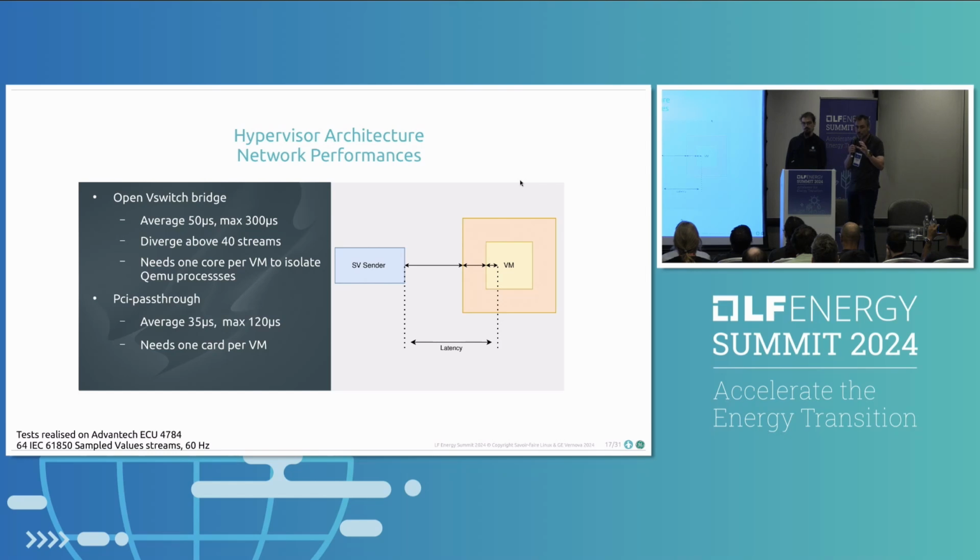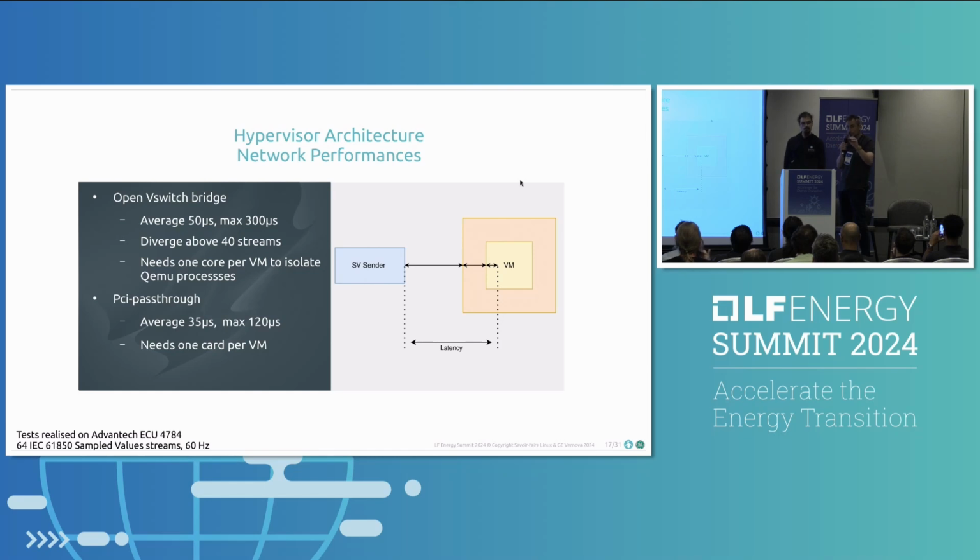That means the network infrastructure has to be strong enough and deterministic, to be sure that you are able to collect and parse the sample value frame every 250 microseconds.